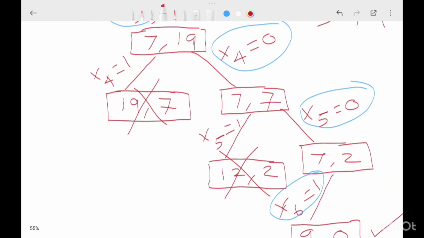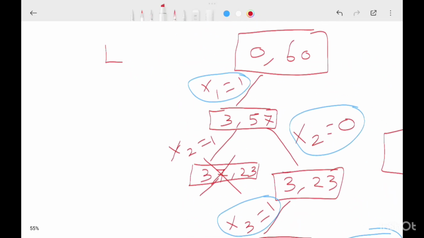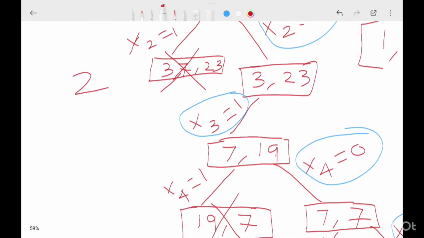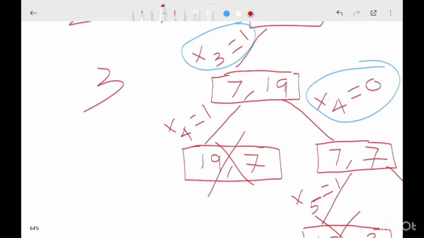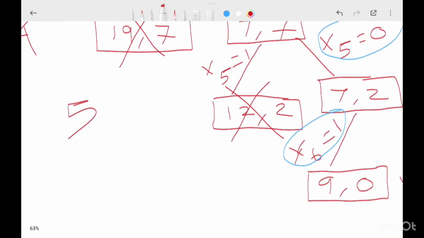This is a state space tree: this is level 0, this is level 1, level 2, level 3, level 4, and level 5. Finally, the solution we find at level 6.